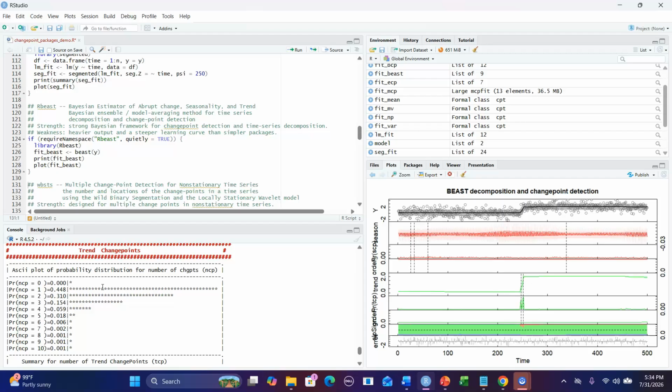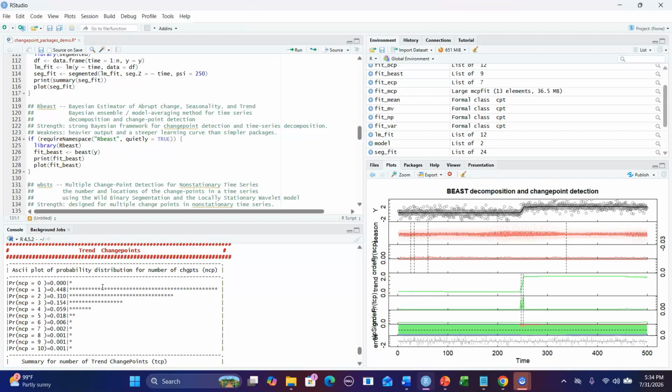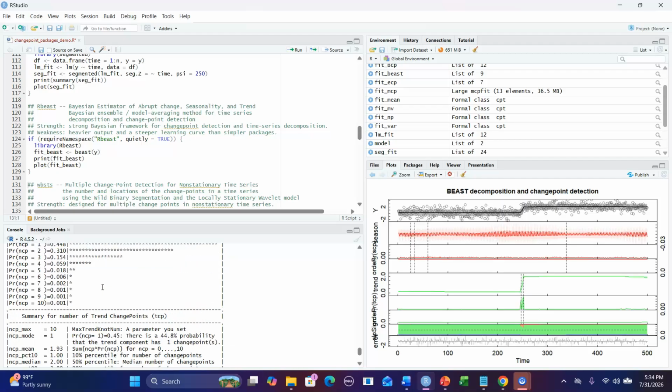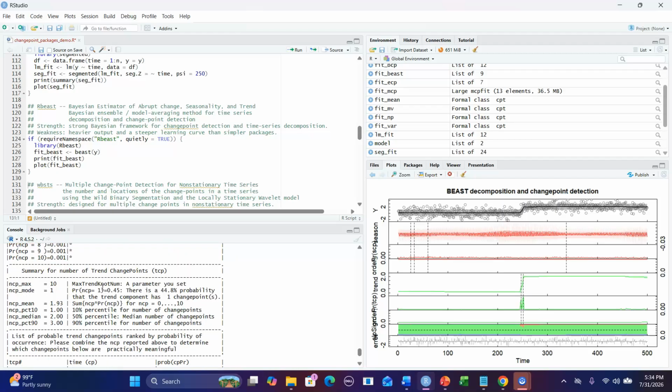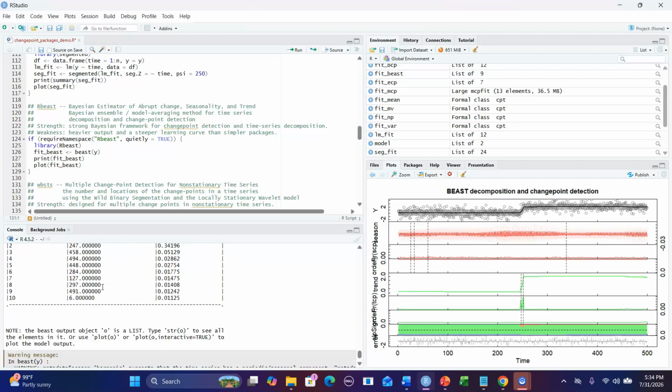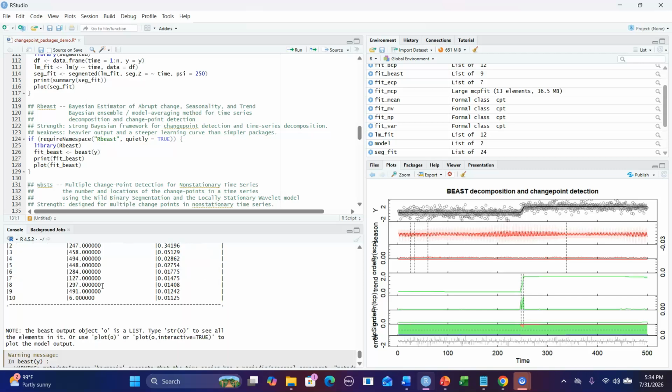And then you have the plot of the probability distribution of the number of change points. These are the structural change points. You can see for 1 it's very, very high, then there's 2, and 3 drops very largely. It gives you the location at 251 with a very high posterior probability of change point.